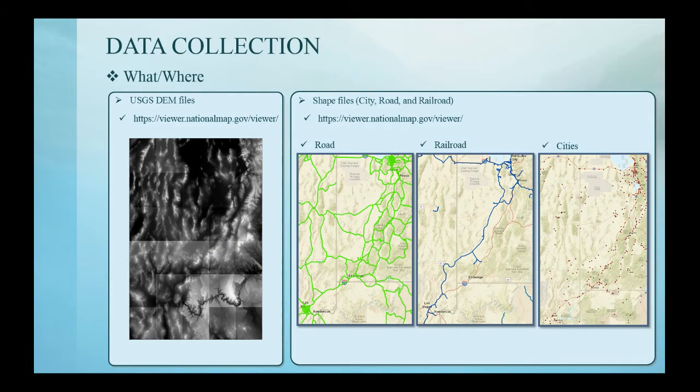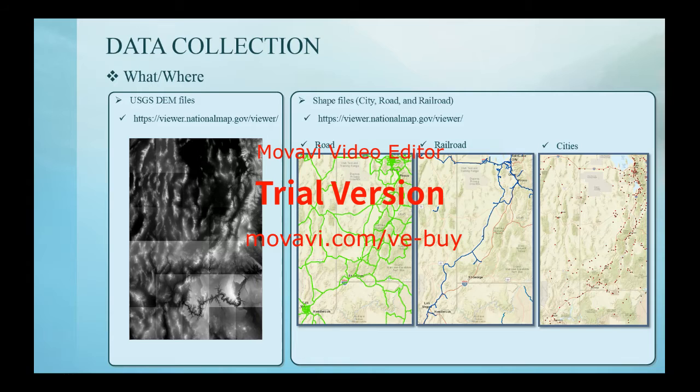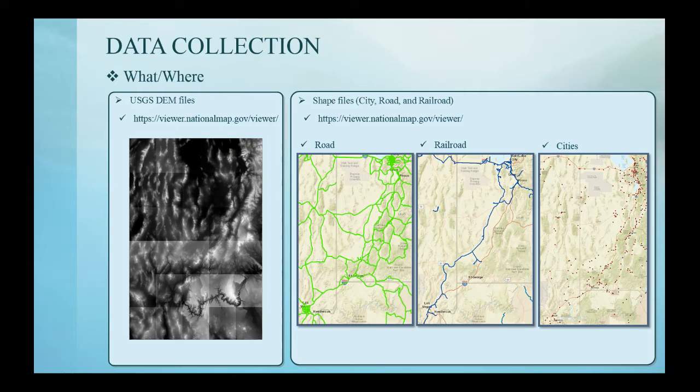Data collection. We have to download several files from authorized websites. One is DEM files. It helps us consider the slope of the land, so we can find the best slope for the railroad.